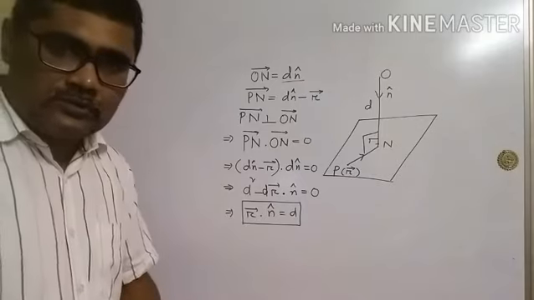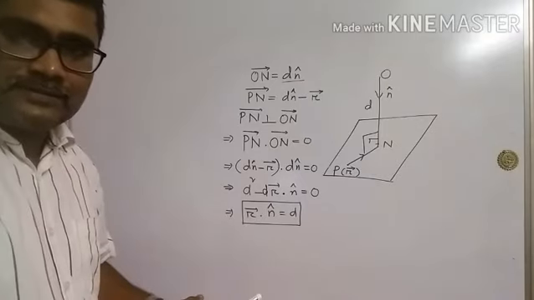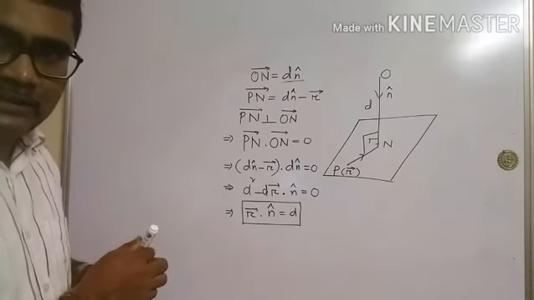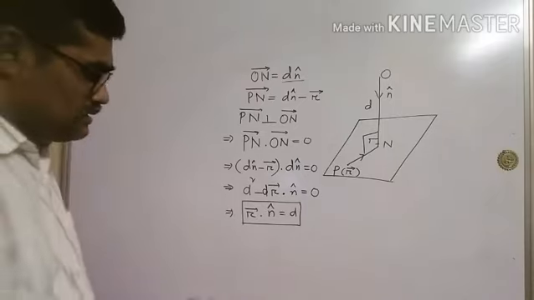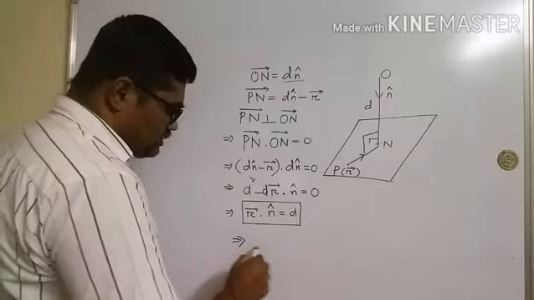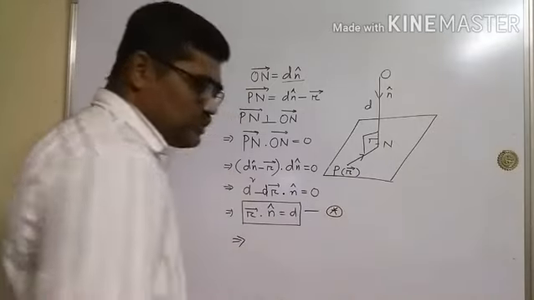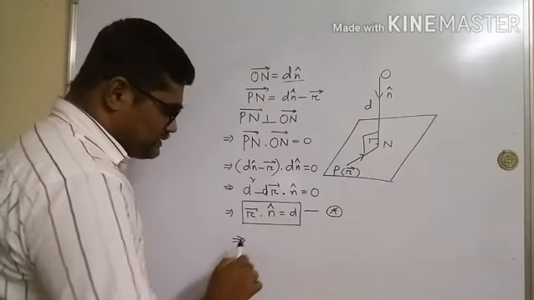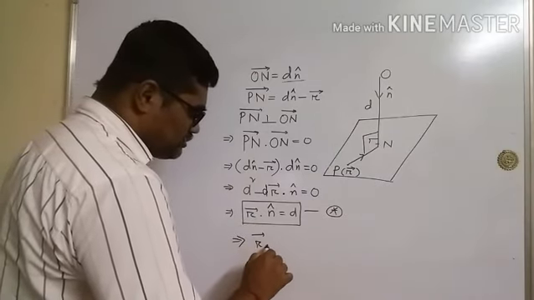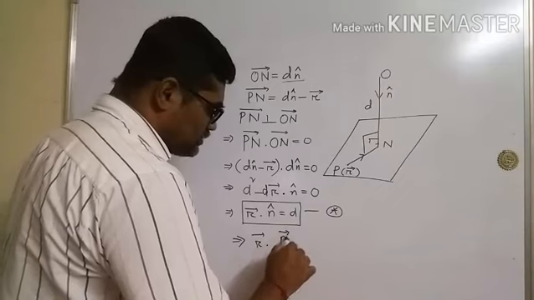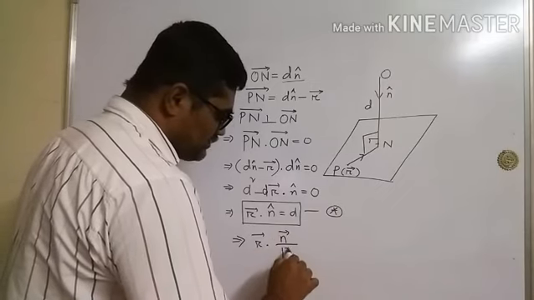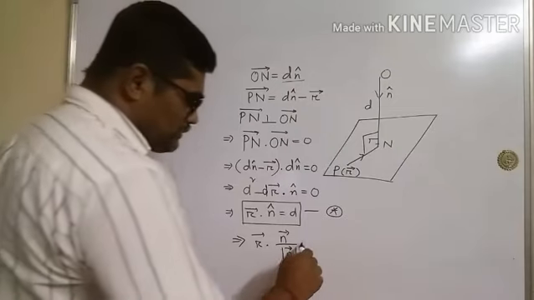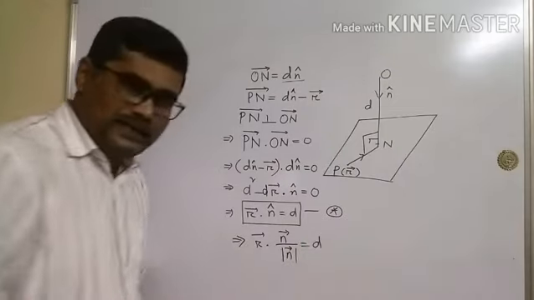Now let's go one step ahead in modifying this. Let's see what the other expression of this particular equation can be. This I mark as star because we have to convert this into Cartesian form as well. Now you look at this and just try to remember, how did you represent a unit vector? It is the vector divided by its magnitude, and then we can have it like this.